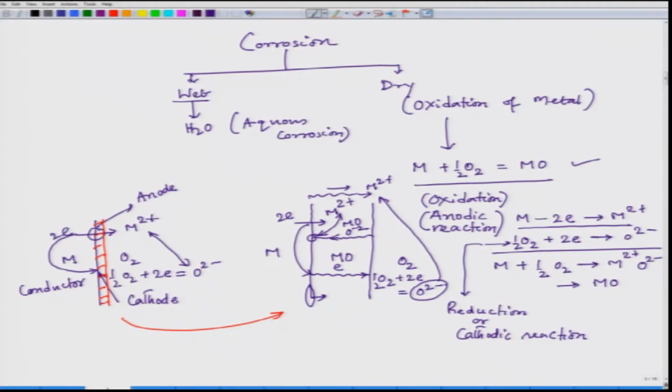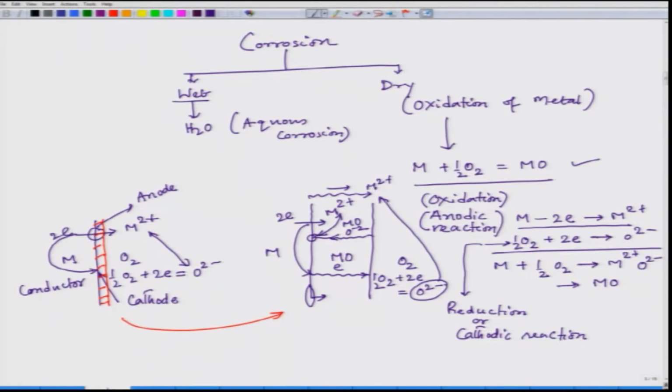In case the metal ion is moving out from the metal and metal oxide interface and coming to the metal oxide and oxygen interface, and there it combines with the oxygen ion, then the oxide growth is taking place at the interface of metal oxide and gaseous oxygen.